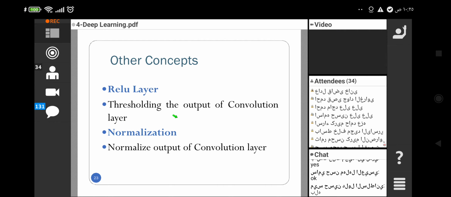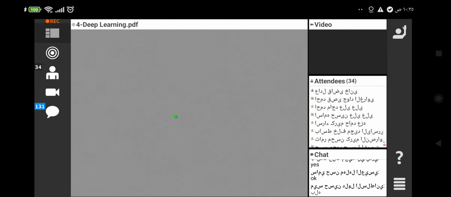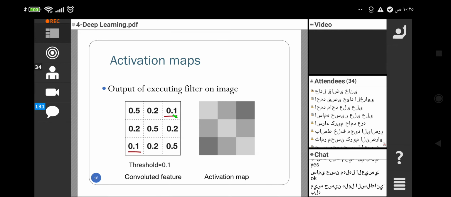It means that the sum of the numbers inside the output should be 1. For example, in this example, the sum of these numbers should be 1. This is normalization. It makes some changes to the numbers, so the sum of them is 1. Do you understand this?